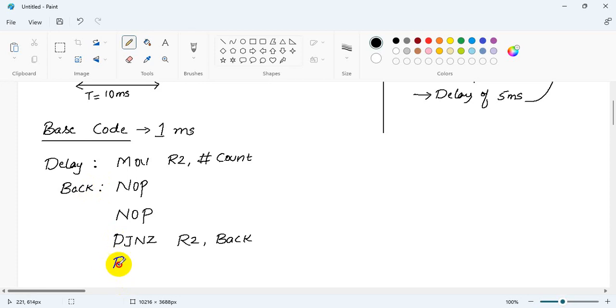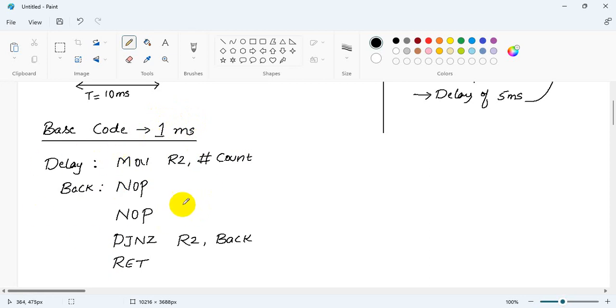At last, I have to return from the subroutine. So this is my base code. One can have his own base code, and based on that, this count value will change. So the total delay I want from this is 1 millisecond.